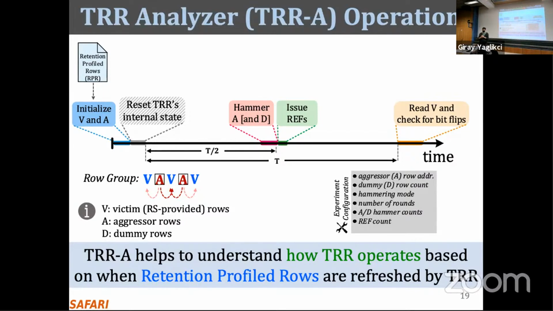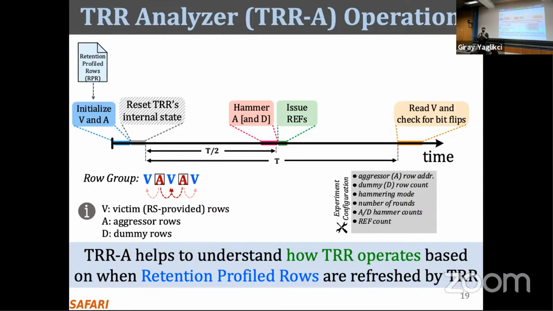And to be 100% accurate about distinguishing TR refreshes from regular refreshes, we can simply run an experiment where we don't do any hammers, right? We do only one refresh, and then repeat this thousands of times, to issue thousands of refresh commands. We will see a period at which the same row is refreshed and it does not contain any retention failures.